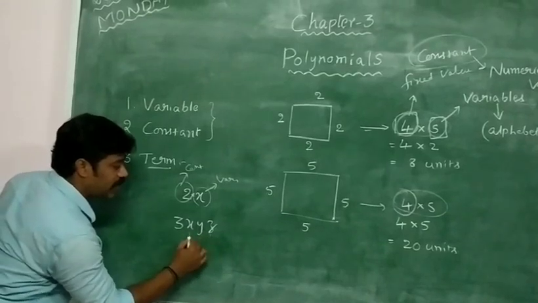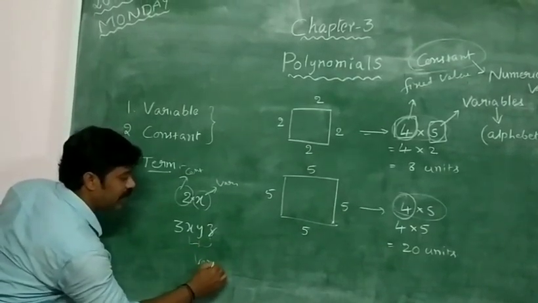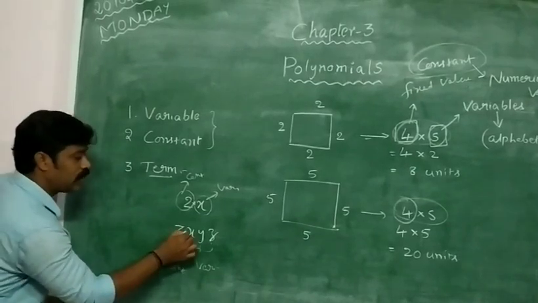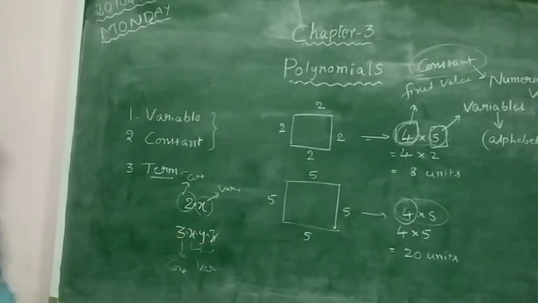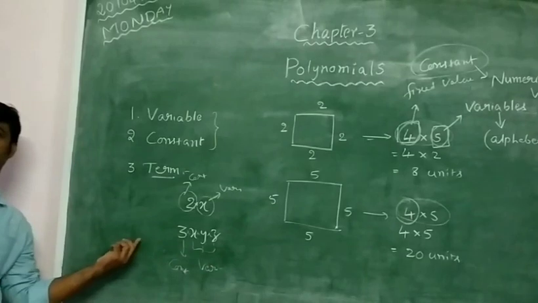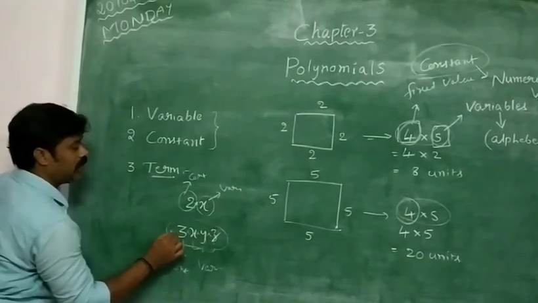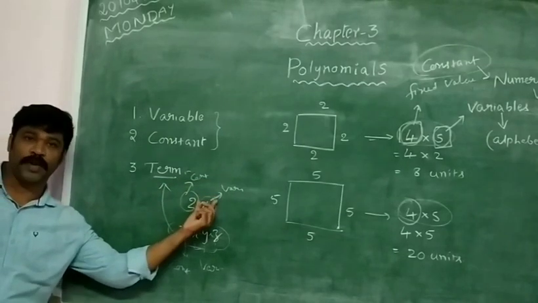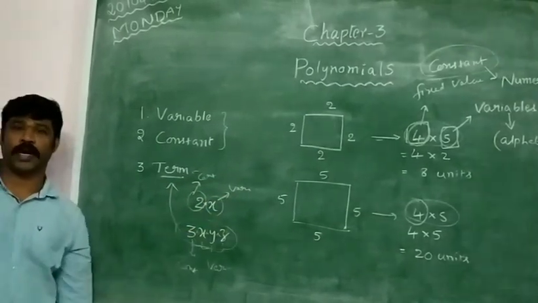Here x, y, z are all variables and 3 is a constant, and we write it by multiplying all the values. So this is also a term: a combination of variables and a constant by using product.